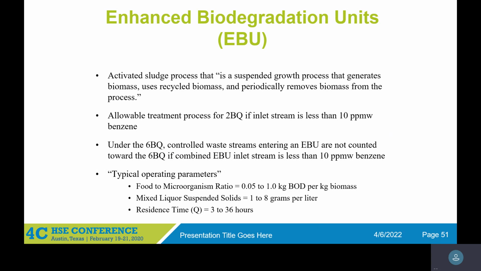Under the 6BQ, controlled waste streams that enter an EBU are not counted towards the 6BQ if the EBU inlet is less than 10 ppm. So that's where your process ends for the 6BQ. If you controlled it all the way, and you didn't control it at the EBU, if it is less than 10 ppm, you don't have to count it. That's where they say, okay. These are the typical operating parameters that I was talking about.